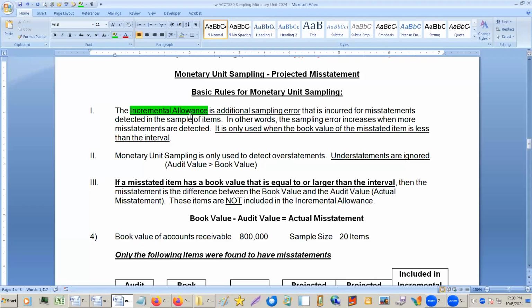If you never had one, the likelihood is probably less than if you do have something. The probability of having errors just increased because we found one or two. So the more errors you have, the more money you're going to set aside for the possibility of problems.